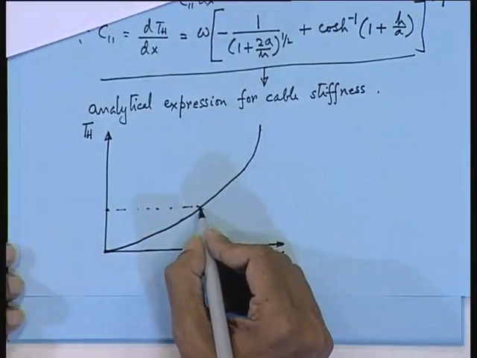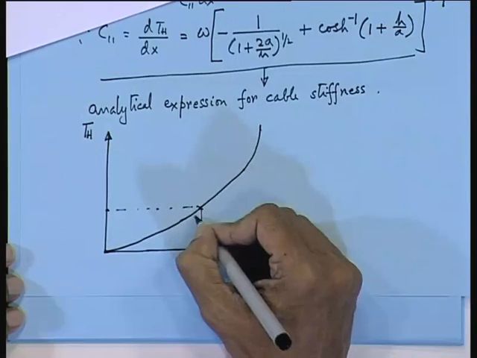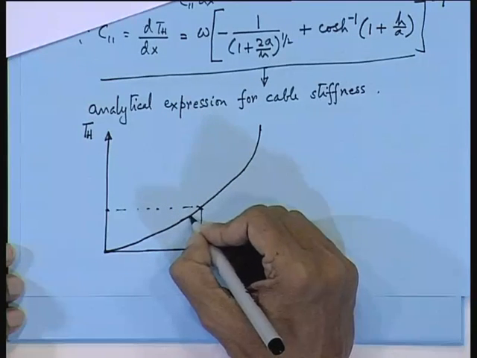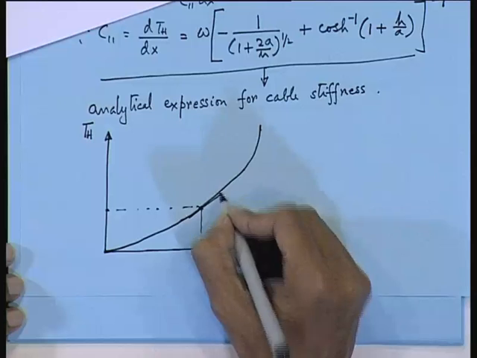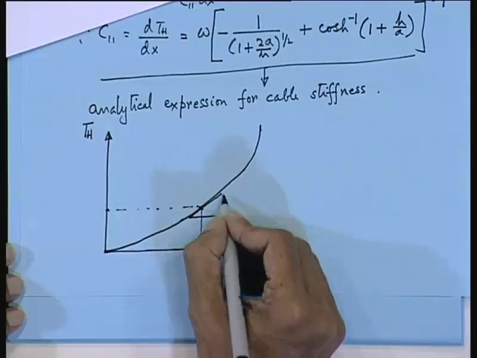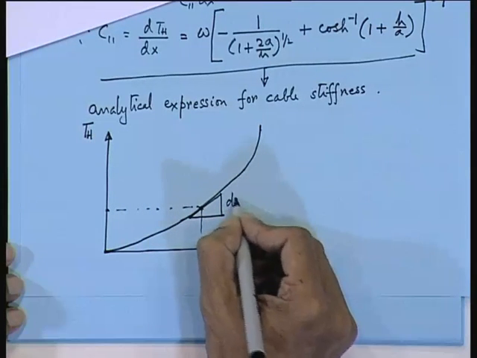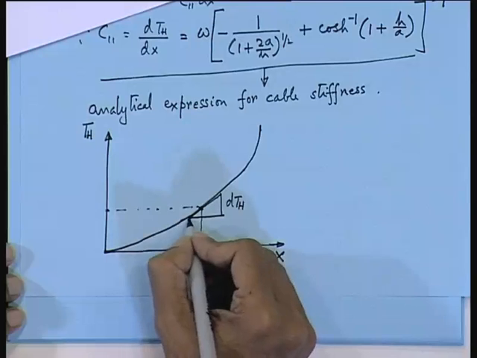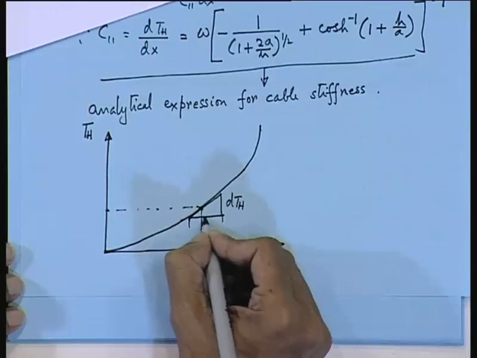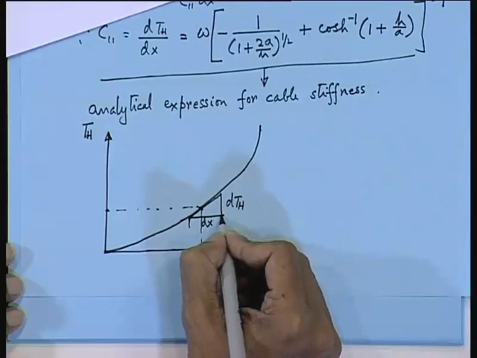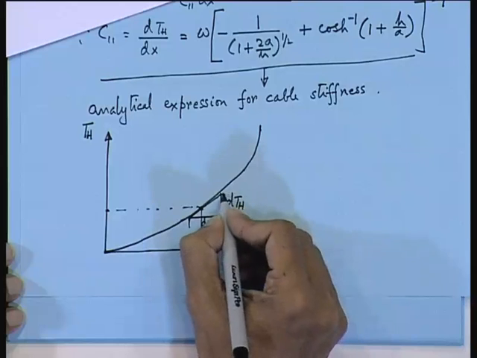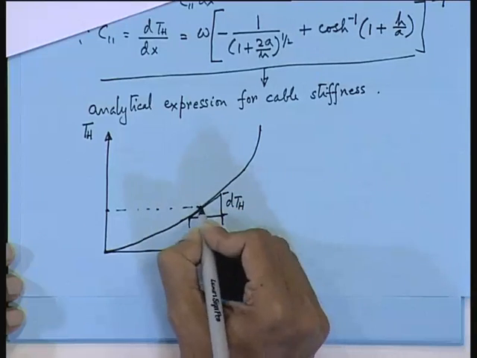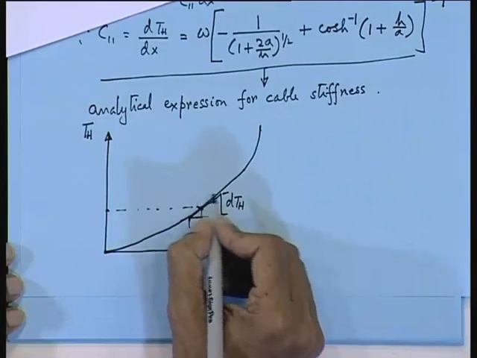So you find out from here at one point, you draw a tangent at this line, and then you find out this value of dTH, and how much is this? This is your dx. Followed? So you find out these two values from the graph at a particular point of TH.